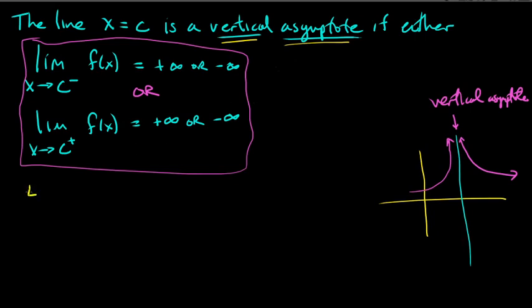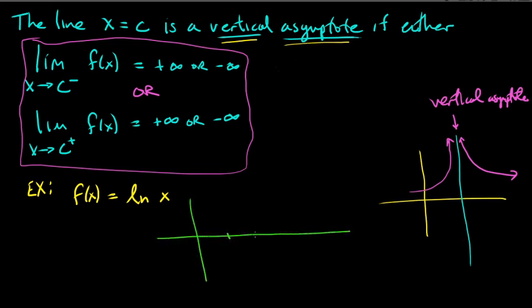And specifically, when we gave you the natural log function, remember natural log of x? We told you that this graph has a vertical asymptote. But we really never said why, right? So here's 1, 2, 3.